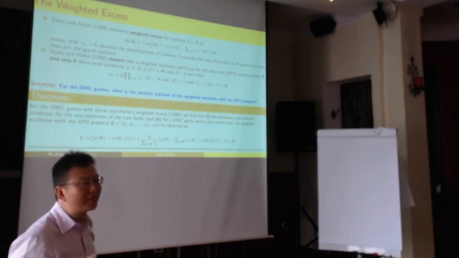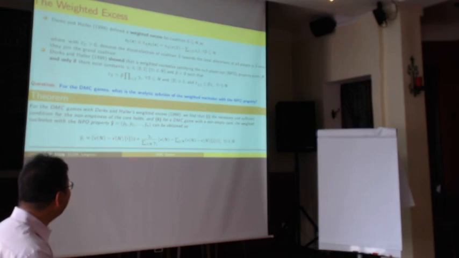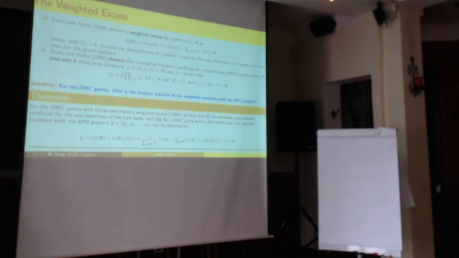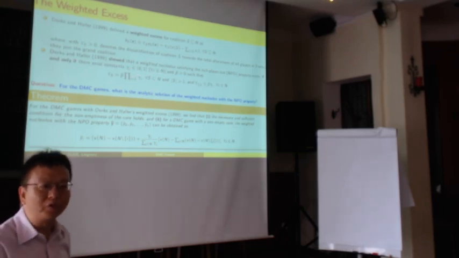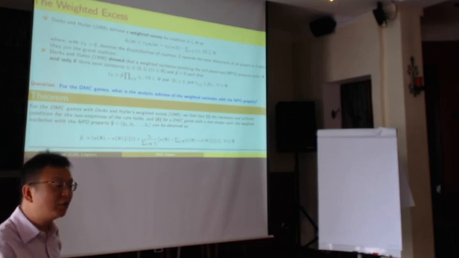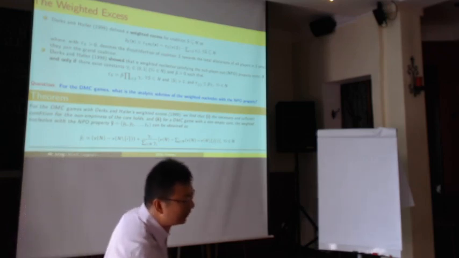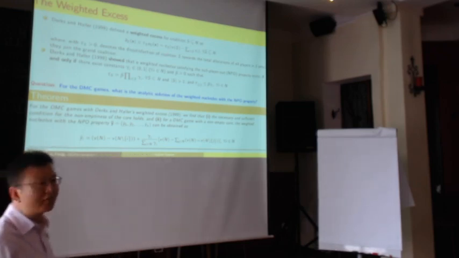No difference, same as the original one. And also we have this nucleus solution. This is a closed form solution. You can find there is one part here. This is a proportion. So it's based on the definition given by these two authors. So far we have two nuclei for DMC games.